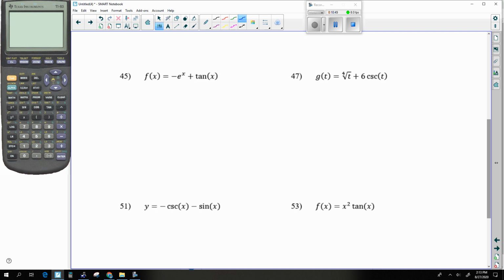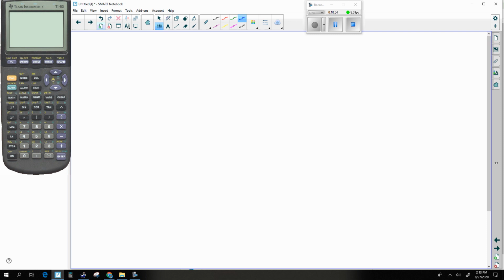Brief little mini lesson here. Tangent goes to secant squared. Okay, tangent goes to secant squared. So the derivative of tangent is secant squared.